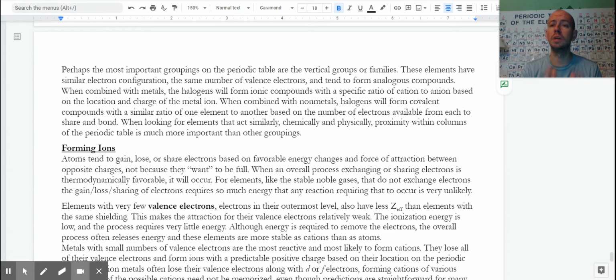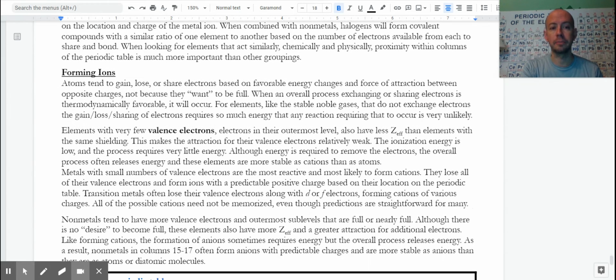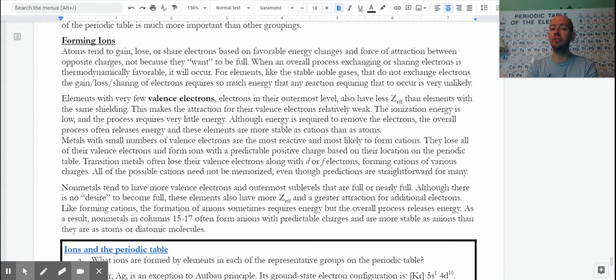So when you are asked which two things are most similar, the most similar are going to be the things as close as possible to one another in a vertical column. A slight exception to that is with the transition metals within the same row, because of the way the shielding and Zeff works, they are similar, but that's much less important and predictive than what we know from columns.